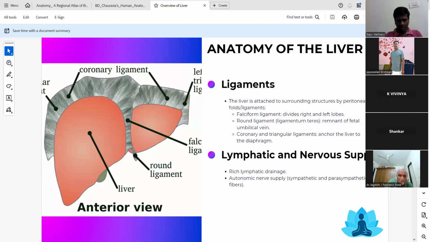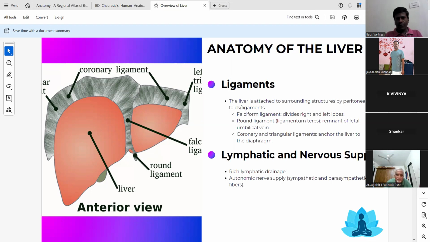With regard to the ligaments, ligaments are the attachments that make the liver stay in its place, hanging there in the abdomen. It is attached to its surroundings by the ligaments or peritoneal folds.